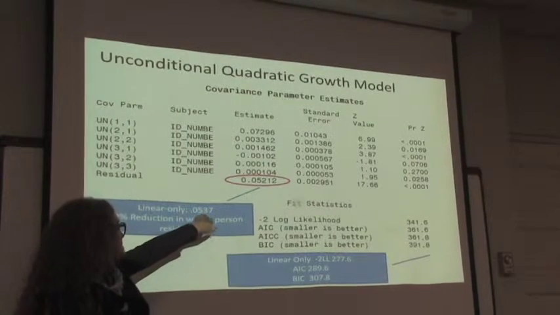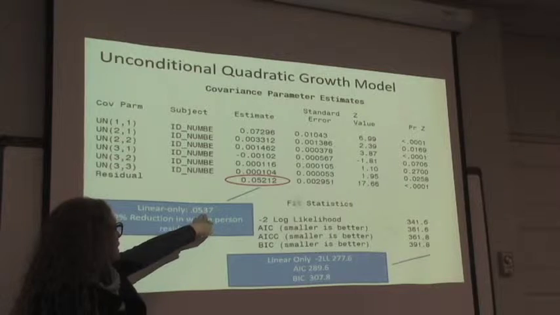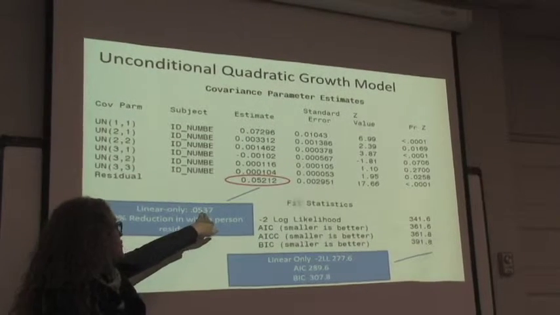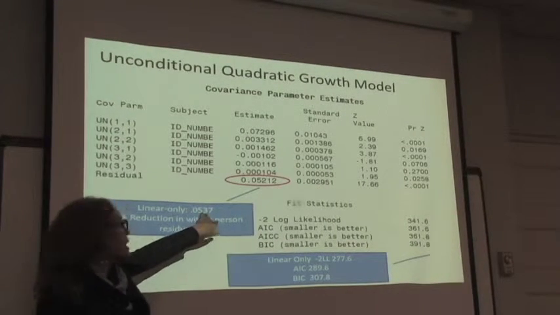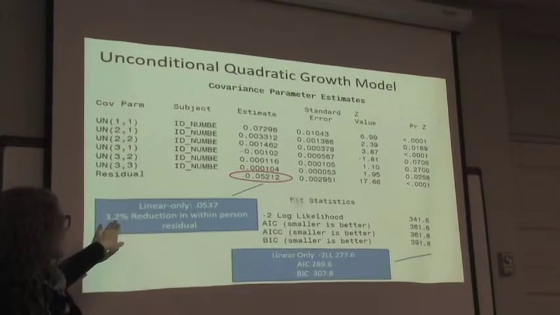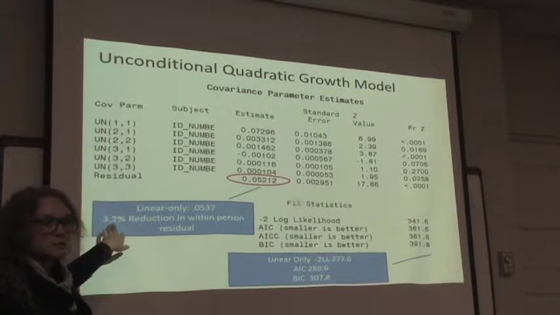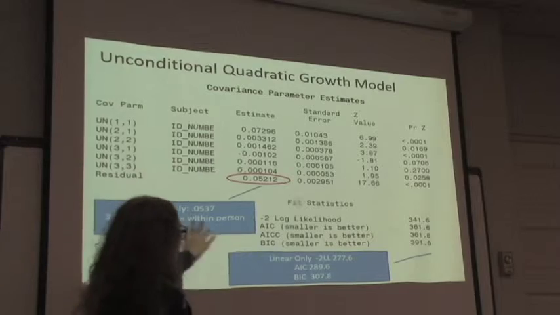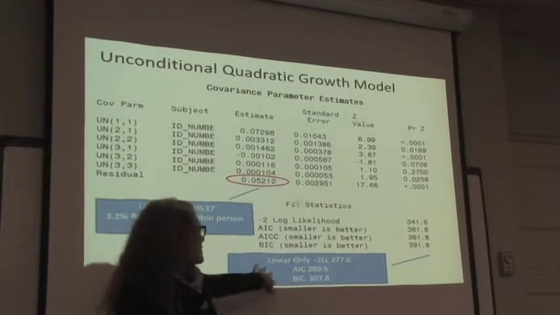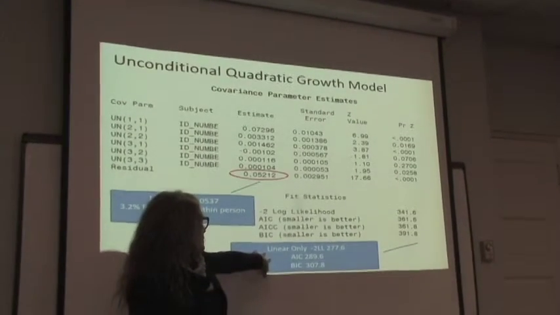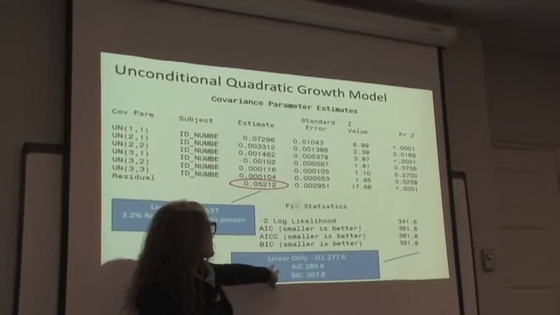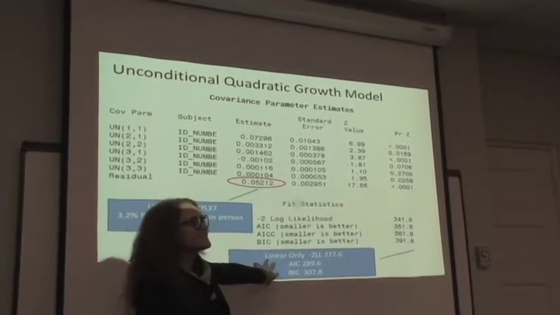This is the information from the within-person residual value from the level 1 model. So not a huge difference. These are the fit statistics from the level 1 model, from the unconditional growth model.